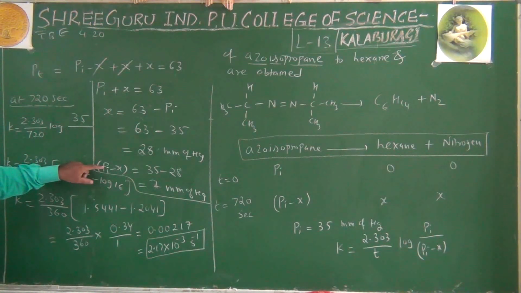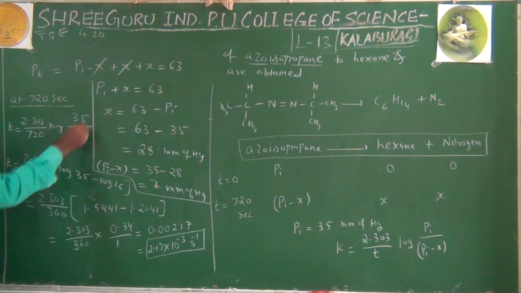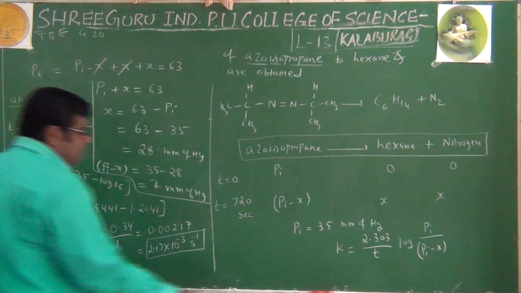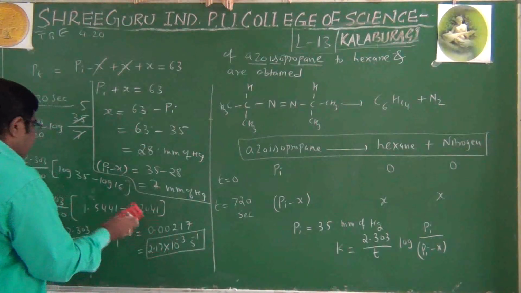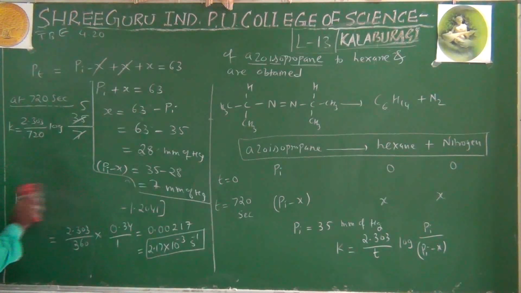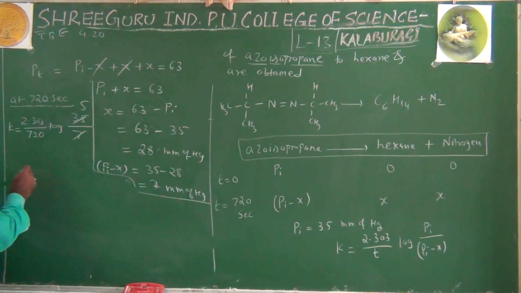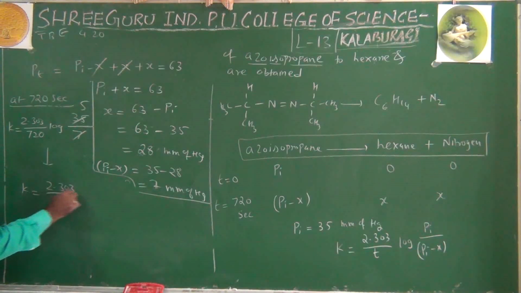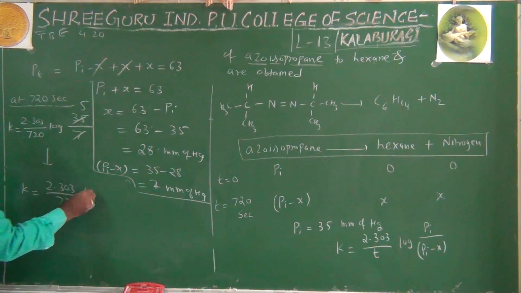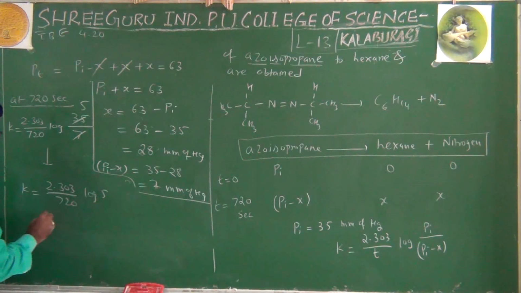But what is Pi minus x at 720 seconds? This is 7. So I write this as 5. And I'll just transfer here. k equals 2.303 by 720, log of 5.